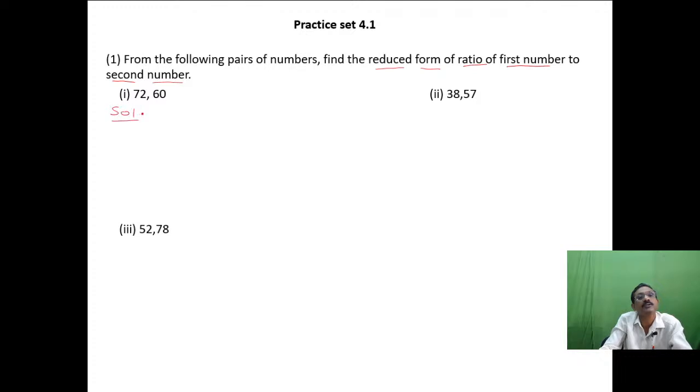Solution. Okay, we want the ratio, so we will write the ratio of 72 to 60. And what is the ratio of 72 to 60 when we are expressing this? It is equal to 72 upon 60.